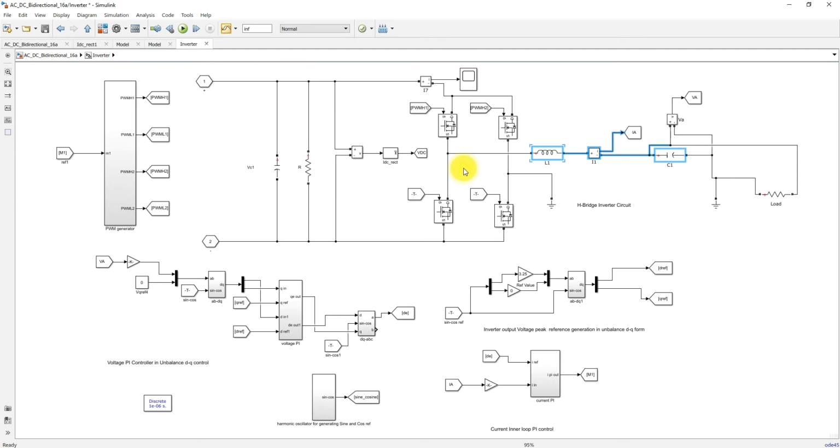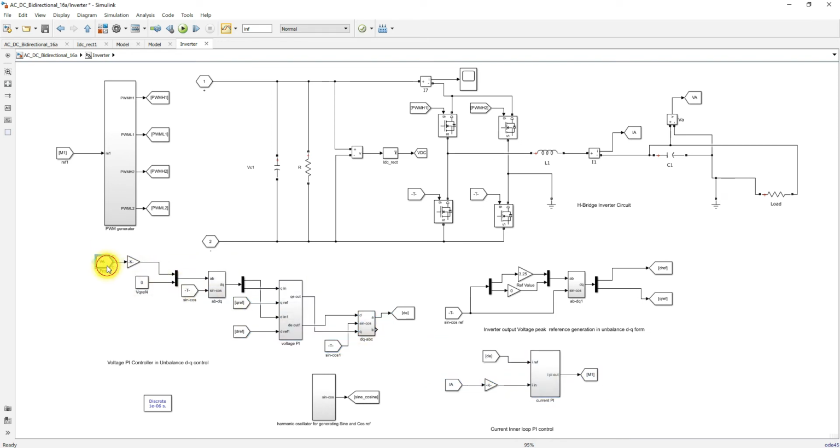This inverter is going to be controlled by means of voltage control and current control. Here we are applying the voltage control concept, and here we are applying the current control concept.